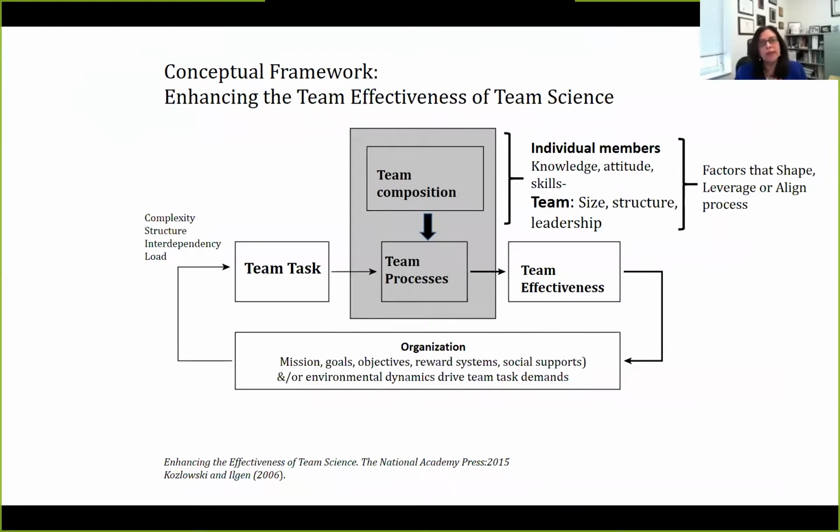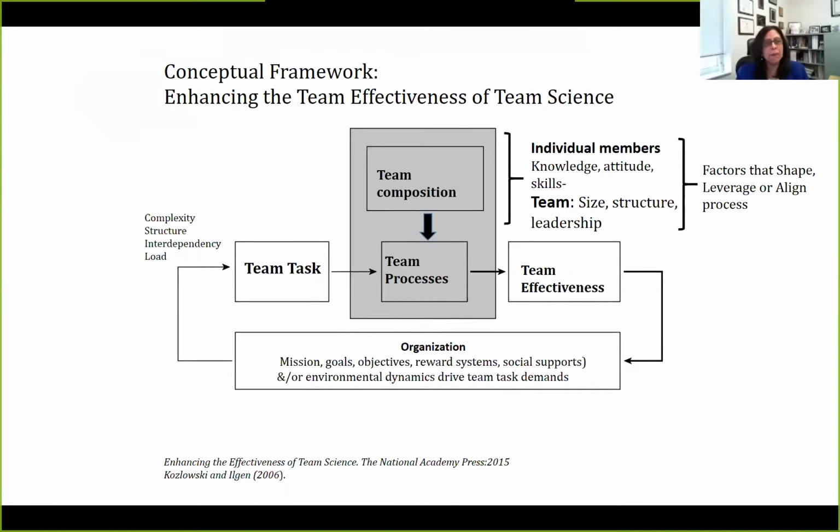We all come at a different level, as in the same scenario of a junior faculty member, a graduate student, and a postdoctoral fellow. In the team, knowledge, attitude, and skills are different. The team's composition will also have the size, structure, and who is leading the team.